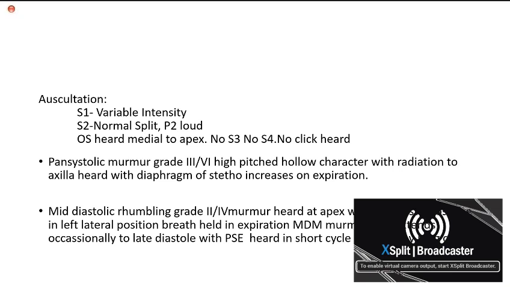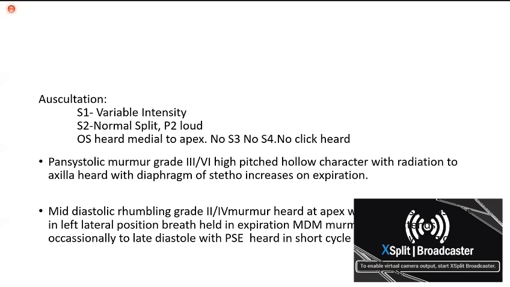And the mitral valve opens when the LV pressure falls below that of the left atrial pressure. In a patient with mitral stenosis, the left atrial pressure is significantly elevated, so the pressure drop required to open the valve is much less, because the mean aortic pressure remains the same but the left atrial pressure is elevated. Because of that, the opening snap occurs earlier, resulting in a close A2-OS interval.